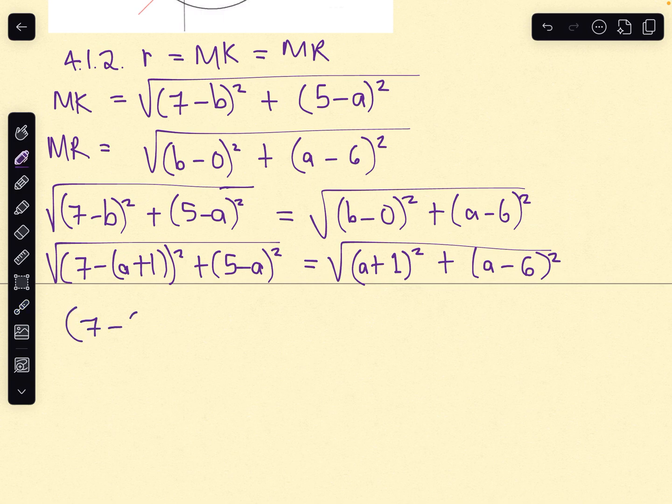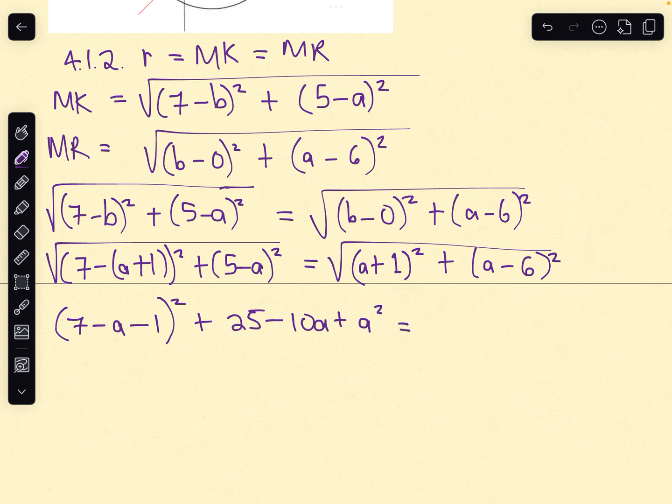So we have 7 minus, and I'm just going to multiply this out, a squared plus 2a plus 1. Oops, I'm squaring the wrong thing. Sorry. Okay, so what I need to do is 7 minus a minus 1, and we're squaring all of that. This I can multiply out. So this will be 5 times 5 is 25, minus 5a minus 5a, and then minus a times minus a is a squared.